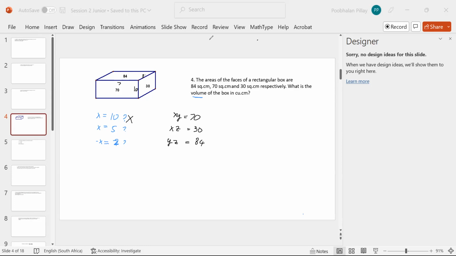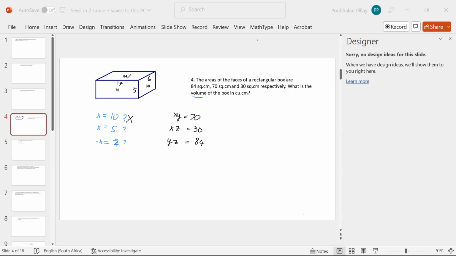So let's try another factor, because 10 is not the only common factor. Let's try 5. 5 is also a possibility. So we put 5 here. Right. And this then becomes 6. So 5 times 6 is 30. And 5 goes into 70 14 times.